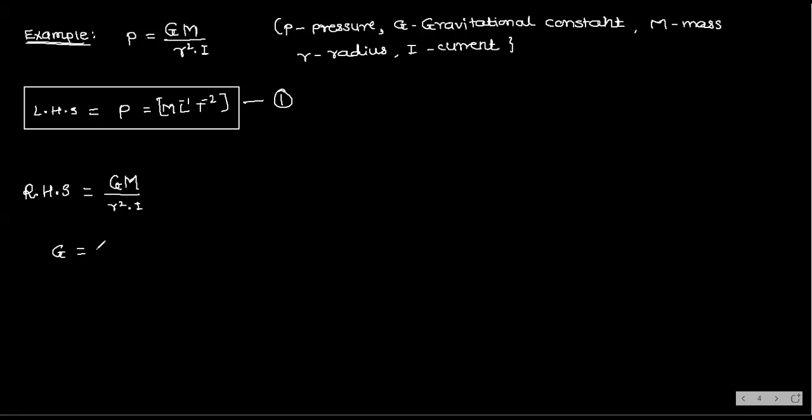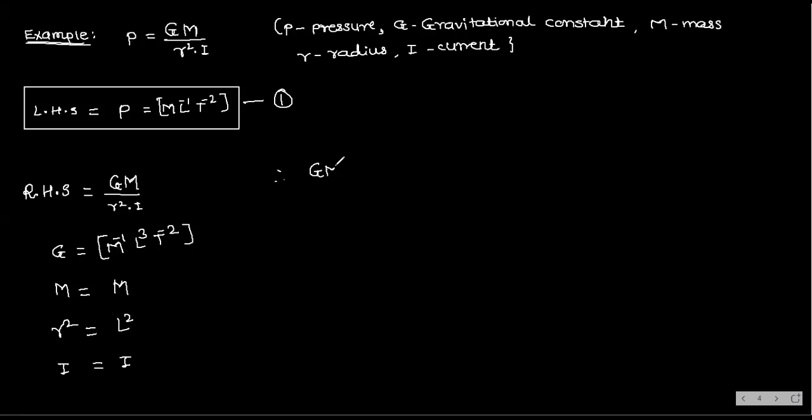The universal gravitational constant has dimensions M power minus 1, L power 3, T power minus 2. Again, I am reminding you, please note down the dimension formulae which I have sent you. Next, M is mass, which means only mass. Next, R square is radius, which is nothing but length, length square. And I is current, so the current dimension is only current. So let's substitute.